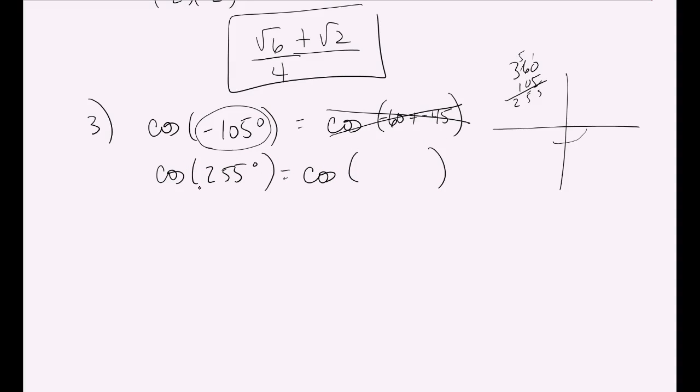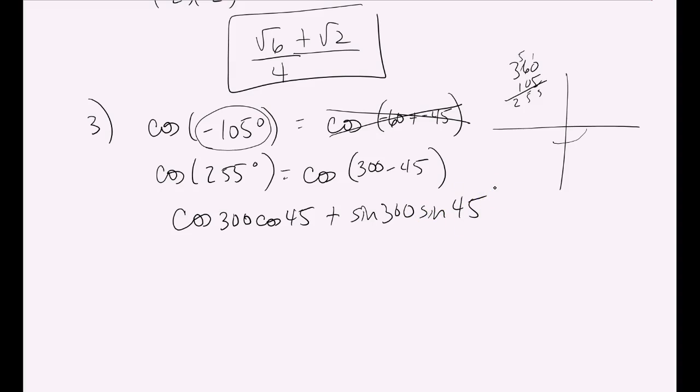So I could do maybe 300 minus 45. I think I'm going to do that because I know that that is equal to 255, and now I can just use the cosine subtraction identity. So cosine 300, cosine 45, plus sine 300, sine 45.